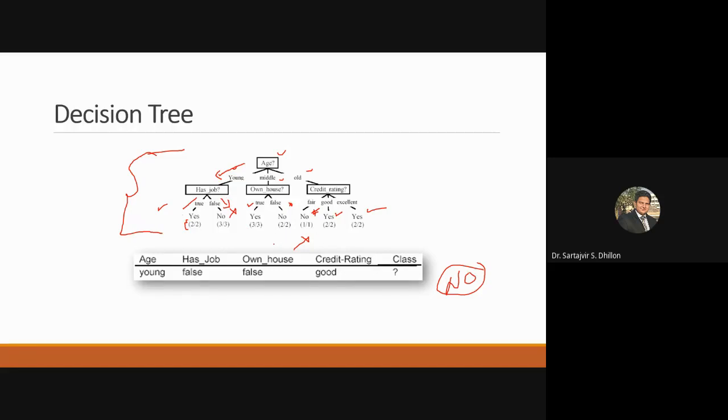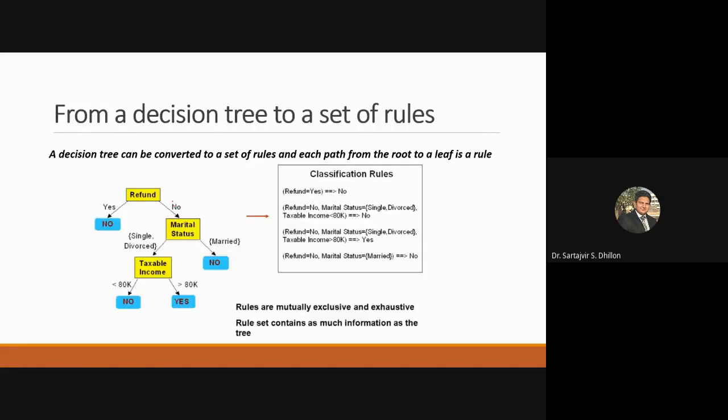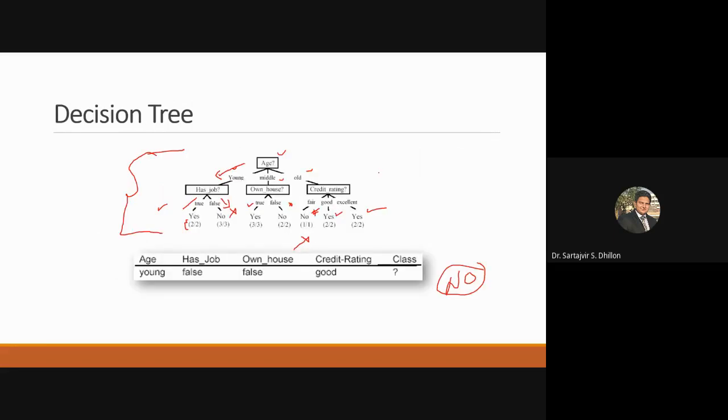Hopefully, you are able to understand this example. There is another example, but I will not give you more examples. Hopefully you will be able to understand this decision tree.